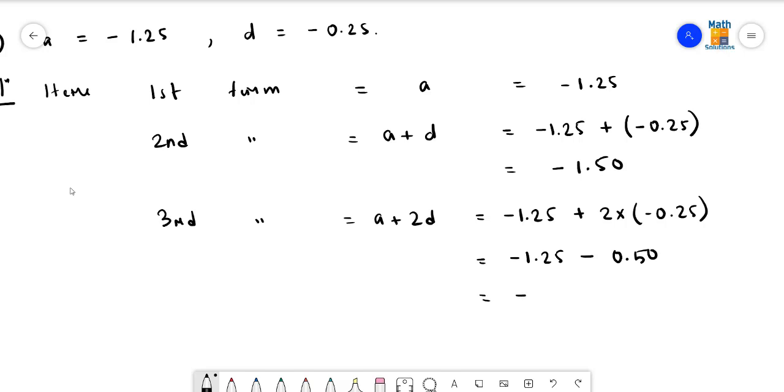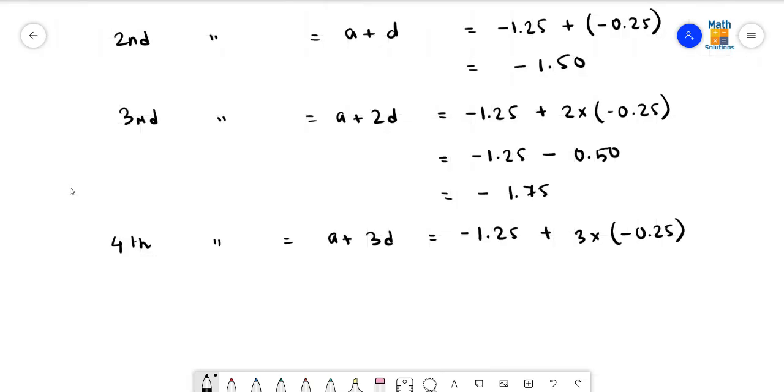So ultimately the result comes as minus 1.75, and the fourth term I get as A plus 3D is equal to minus 1.25 plus 3 into minus 0.25, and then what answer do I receive here?